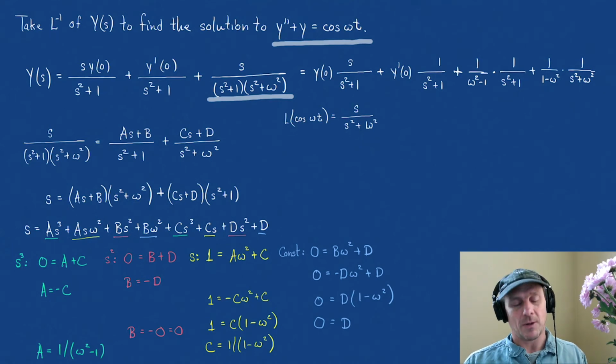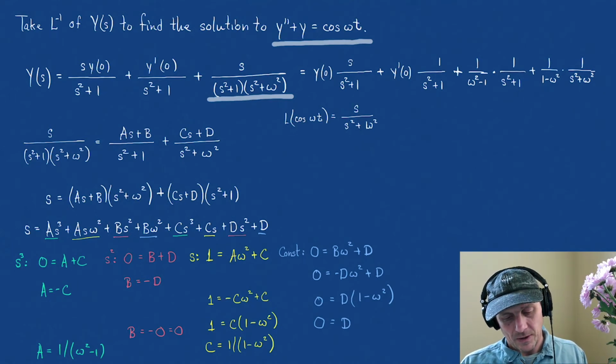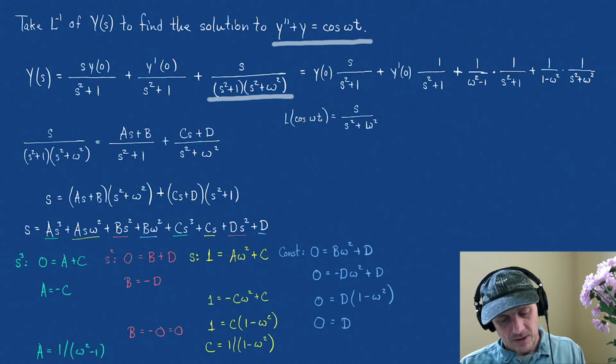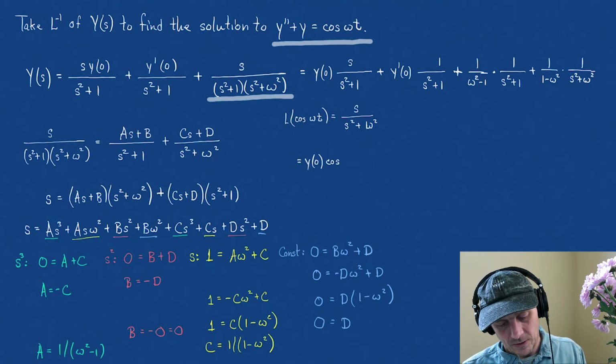In our problem, omega is 1. So this first term fits the cosine of omega t. So my first term becomes y of 0 times the cosine of, and in this case, omega is just 1, so cosine of t, plus y prime of 0.